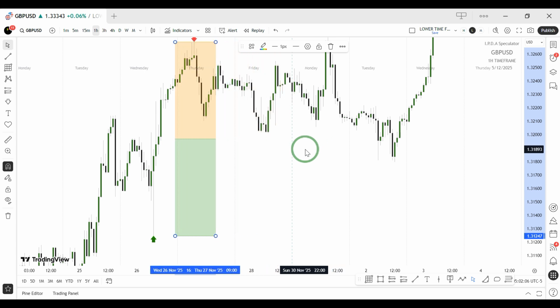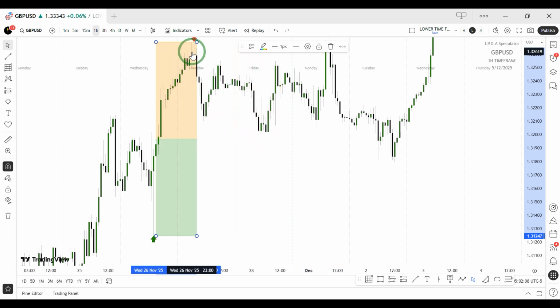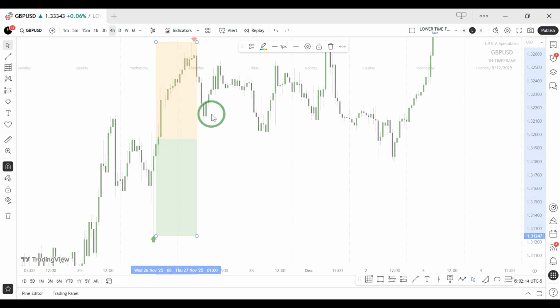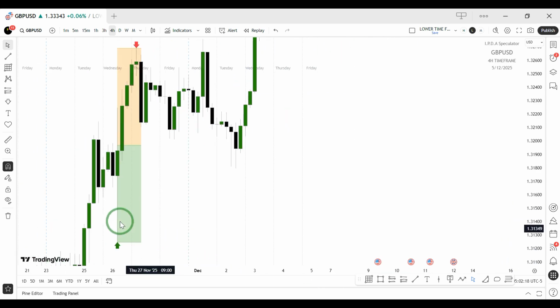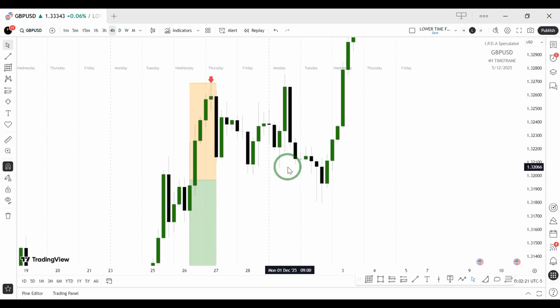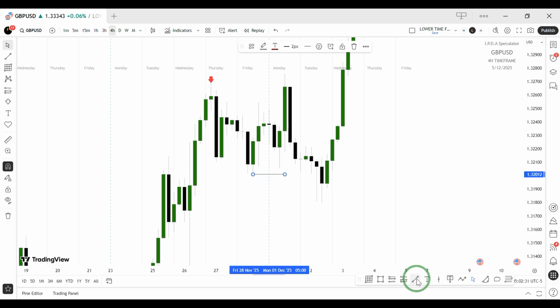Then I marked the key level that may be found. This was the parent range in the 4-hour time frame. The key levels are the previous day low and previous day high.